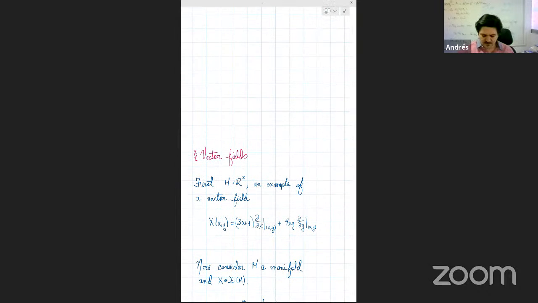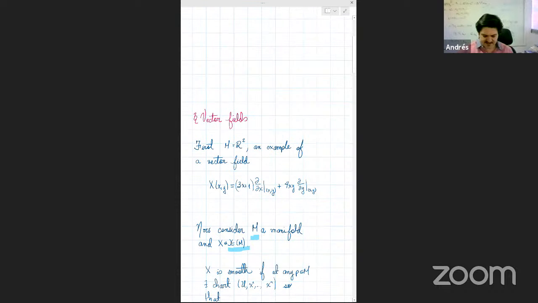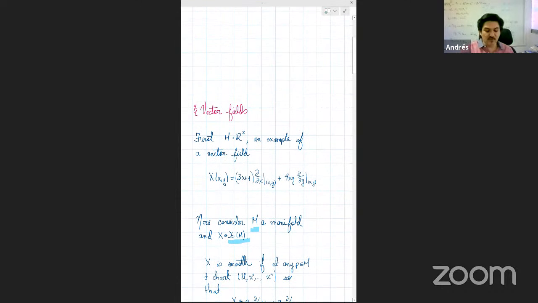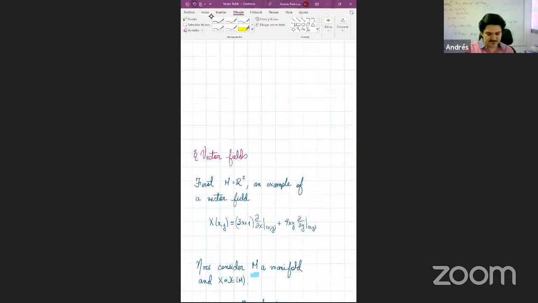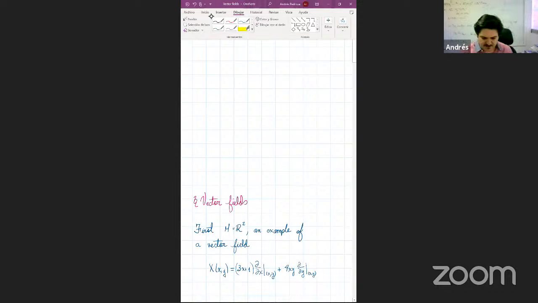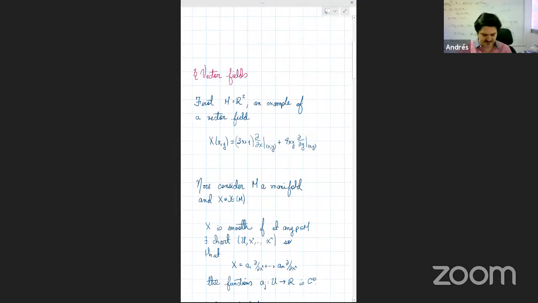And for a manifold M, remember that this is our notation of the set of vector fields. We have something like this, right? Moreover, when we were studying this, given a chart, we know how a vector field looks like.